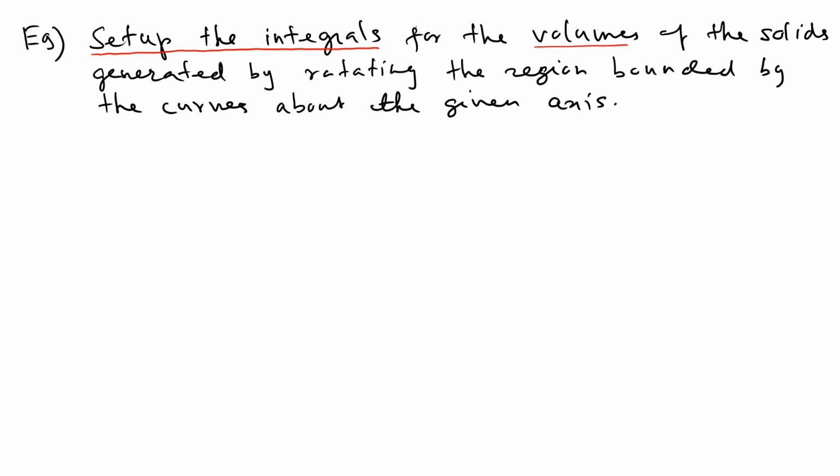generated by rotating the region bounded by the curves about the given axis. So the axis is also given. As the first problem, let's do this one. The first one I'm going to call A: y equal e to the x, y axis, and y equal 3.